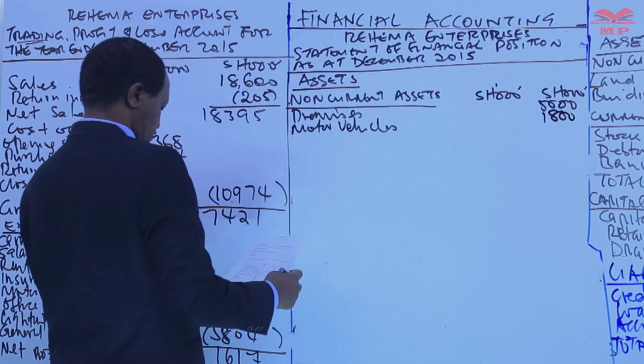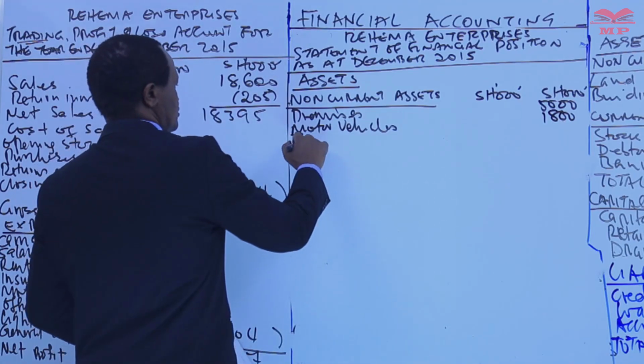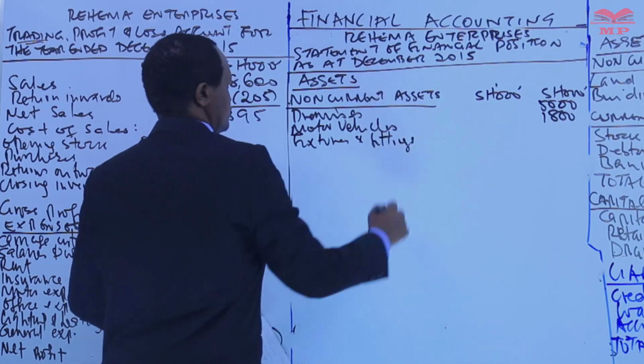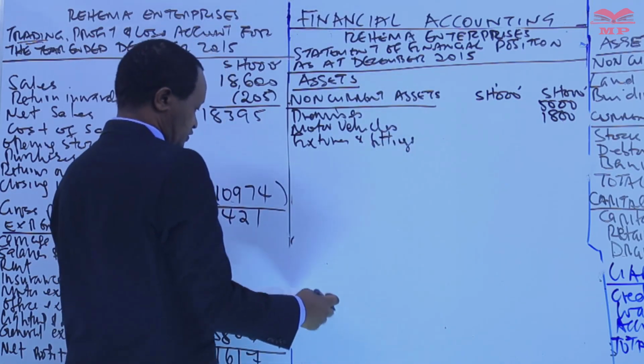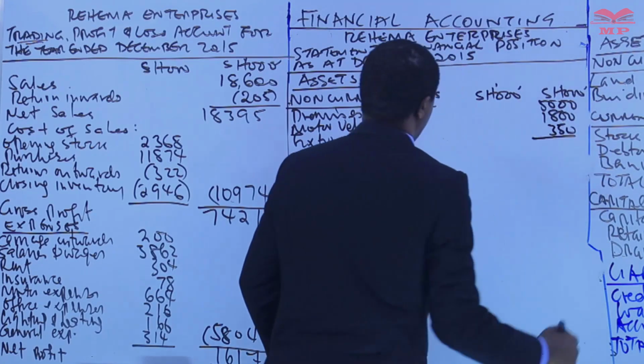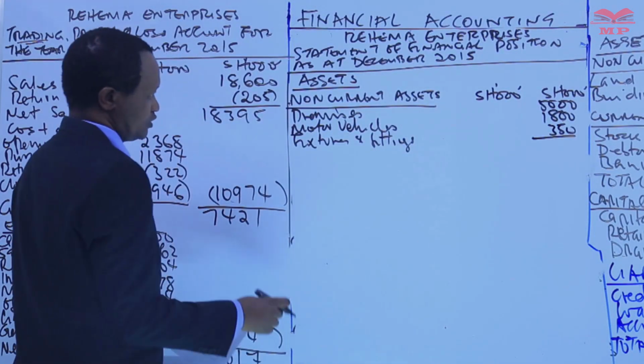Then we have fixtures and fittings, 350,000. There are no other non-current assets. Give me the total.